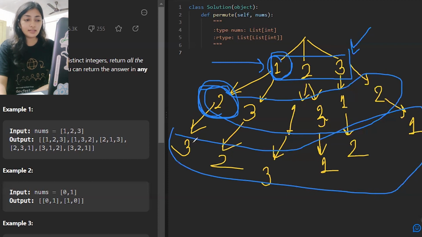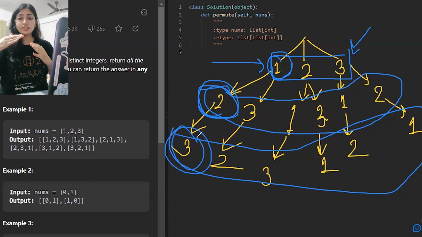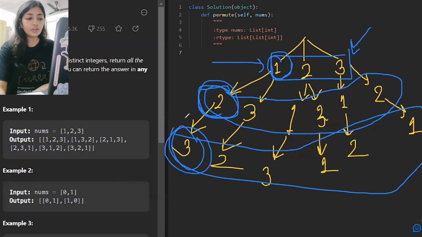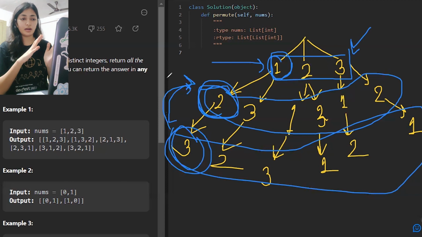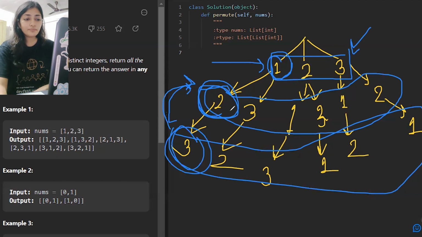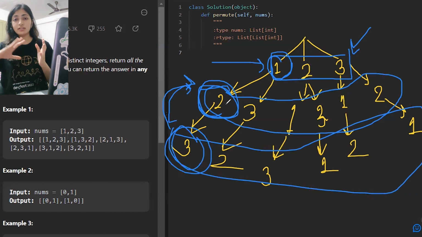And then lastly, the next element. After reaching the last digit, it's going to append that into your result and go back to the previous part, and in that it's going to check for the next possibility.